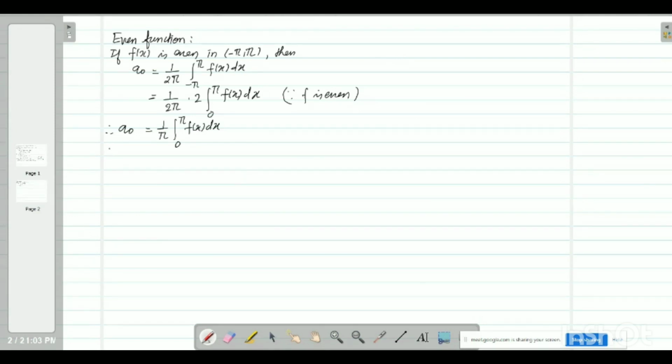Here I'm writing the result. The result is integration of limit minus pi to pi f of x dx, and this is equal to 2 times of integration of limit 0 to pi f of x dx when f is even function. When f is even function, then this result will hold. Otherwise, this is 0.